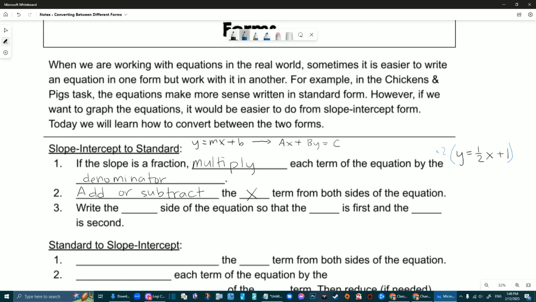So let's go ahead and do that with our example. So after that multiplication, we've got 2y equals 1x plus 2. And if we want to subtract that x from both sides, so minus x minus x, that's going to leave us with 2y minus x equals 2.